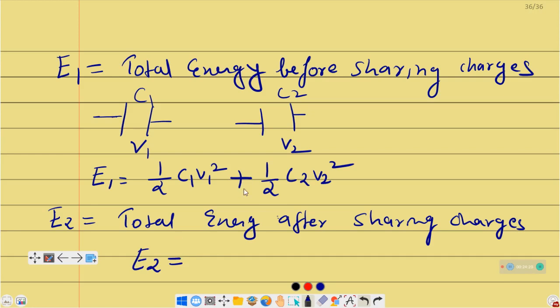Here the potentials V1 and V2 are both equal to V, the common potential. So E2 will be half C1 plus C2 times V square, since we can take V common.